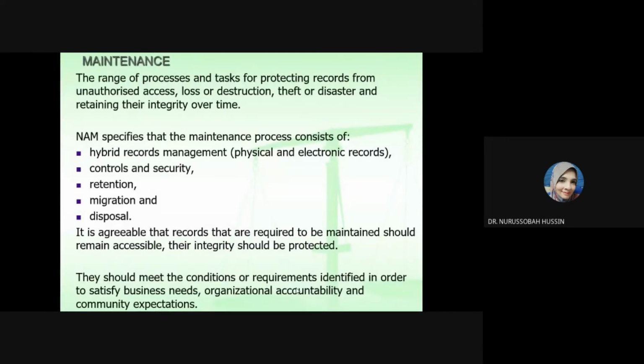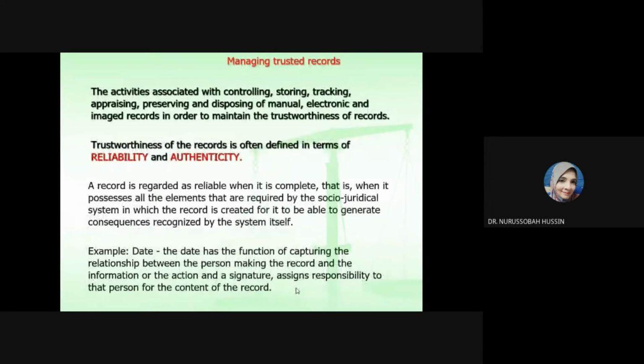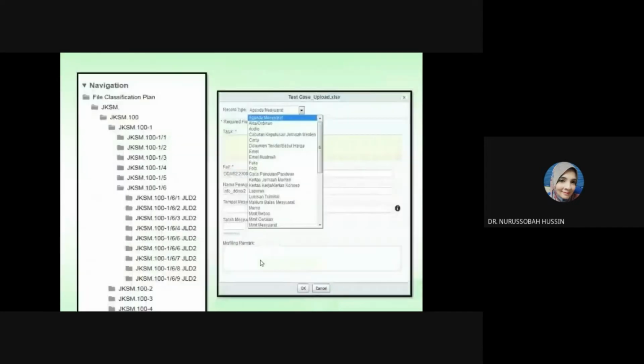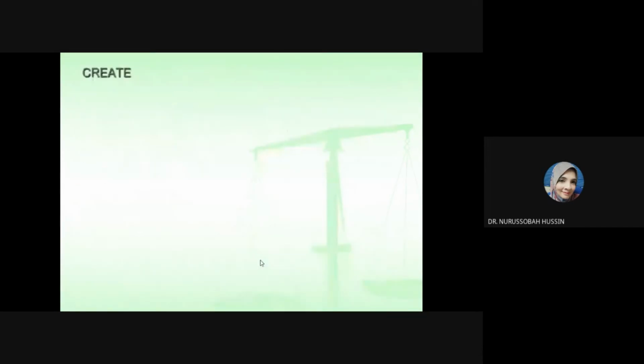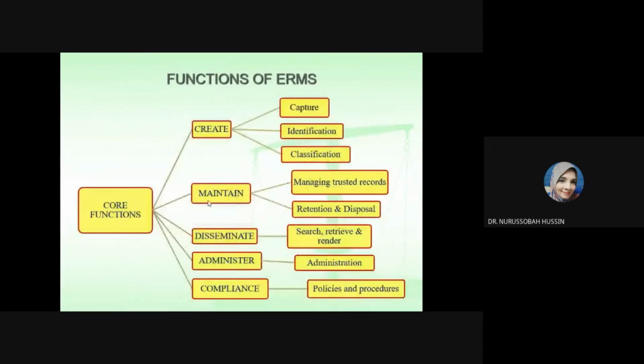Now the sub-functions. The first one is managing trusted records. Don't worry, I'll show you the functions of ERMS. Maintenance focuses on the daily care of the records, and the sub-functions focus on managing trusted records and retention and disposal. Let's see the first one.